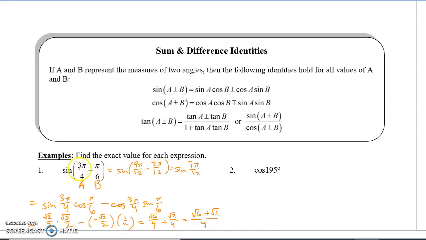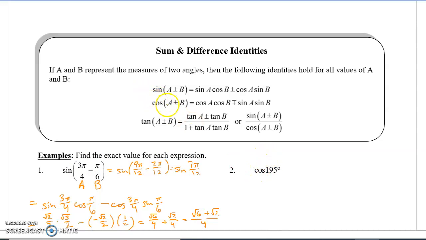The problem presented itself in a way that we didn't have to think about how to break up the 7 pi over 12 into two different angles. It did that part for us, but we should start thinking about how we would start off with 7 pi over 12 and figure out that we could write it as the difference of these two guys right here. We'll talk about that in a minute, but now we're going to move on to a degrees problem.